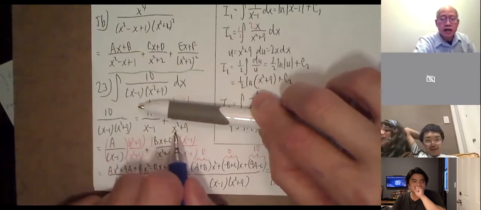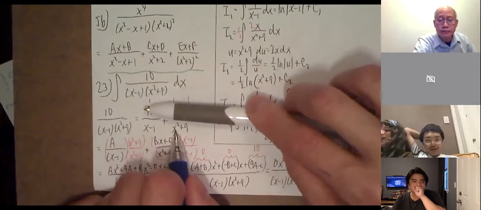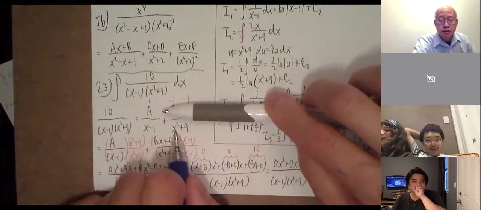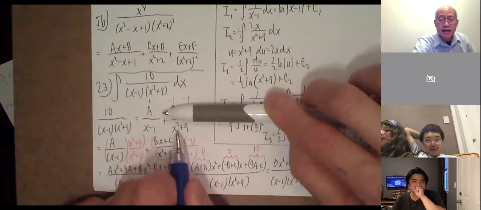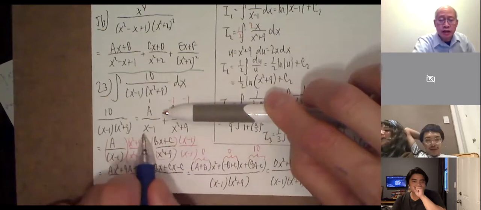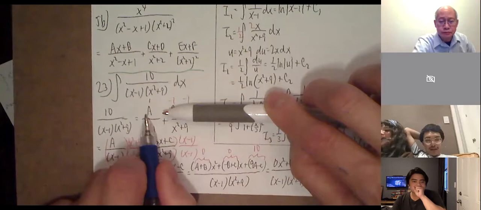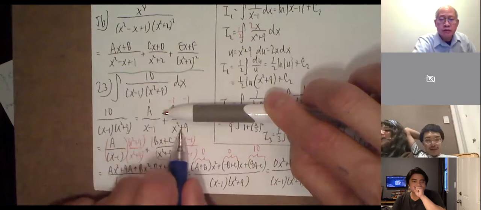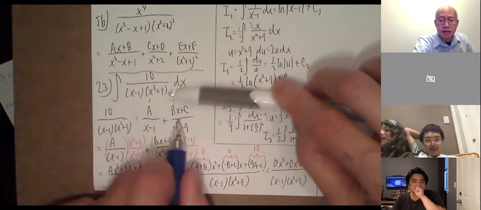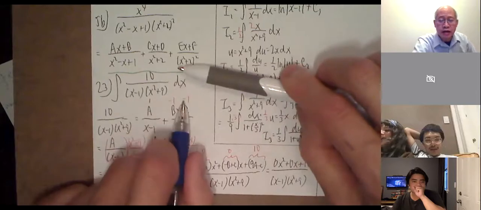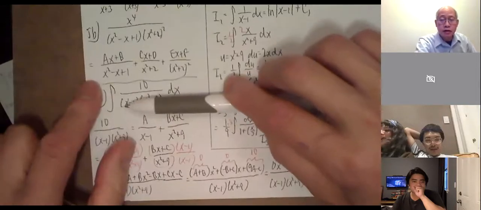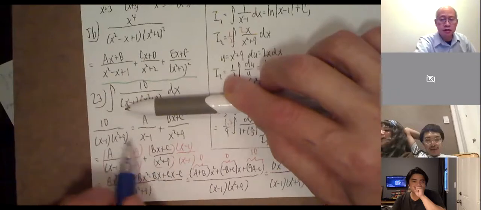But x squared plus 9 is an irreducible quadratic, which means what goes on top? A linear expression. So x minus 1 being linear, you just put an a on top. But x squared plus 9 needs a bx plus c. Ignore that 1, -1, and -1 for now. Pretend you don't know it. But that's going to be the answer to this a little bit later.